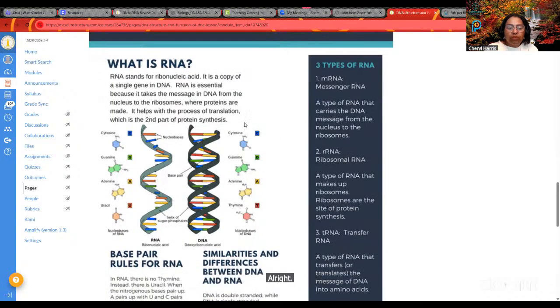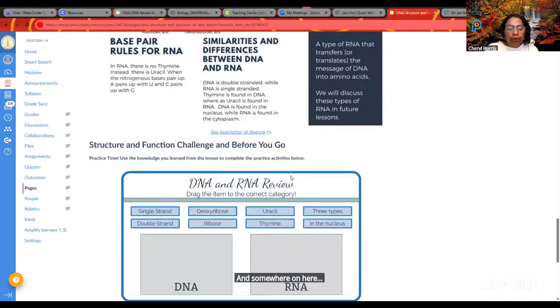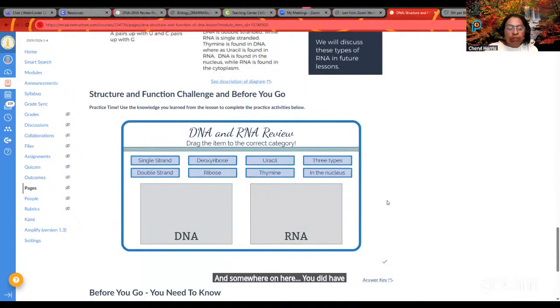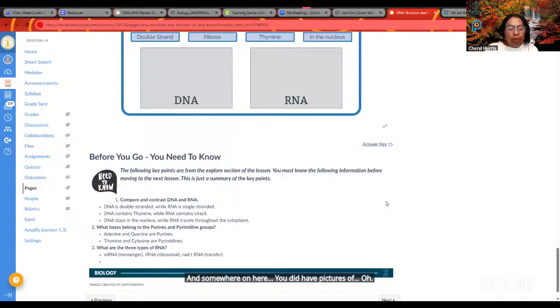All right, so this is what they actually look like. And somewhere on here, you did have pictures of okay, here you go. Right here.